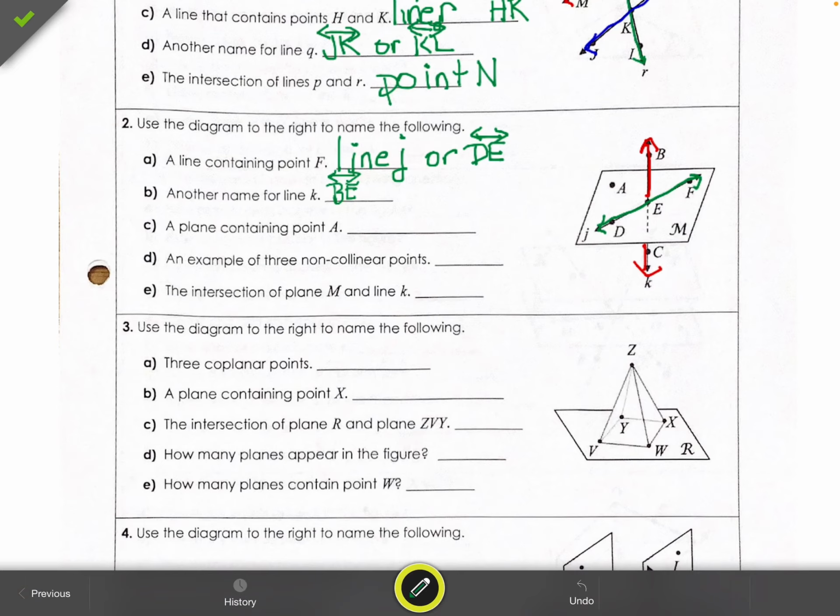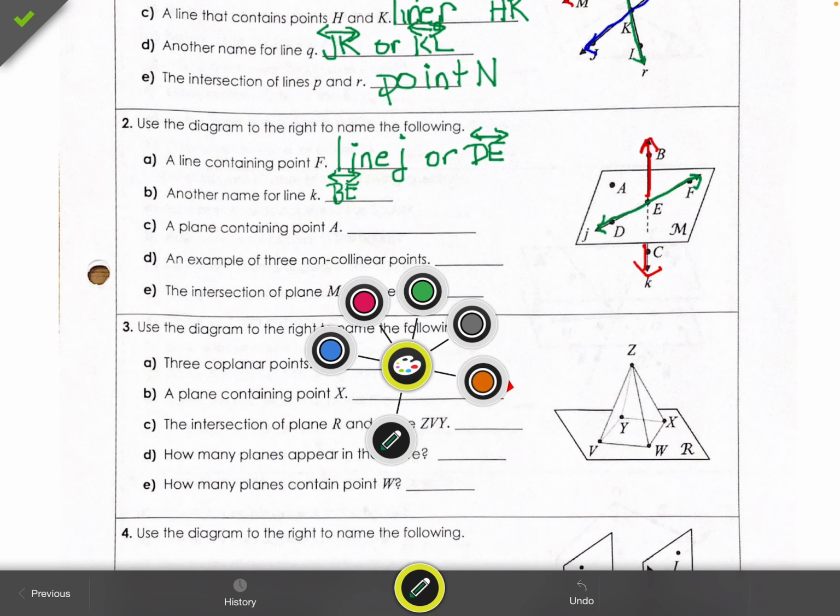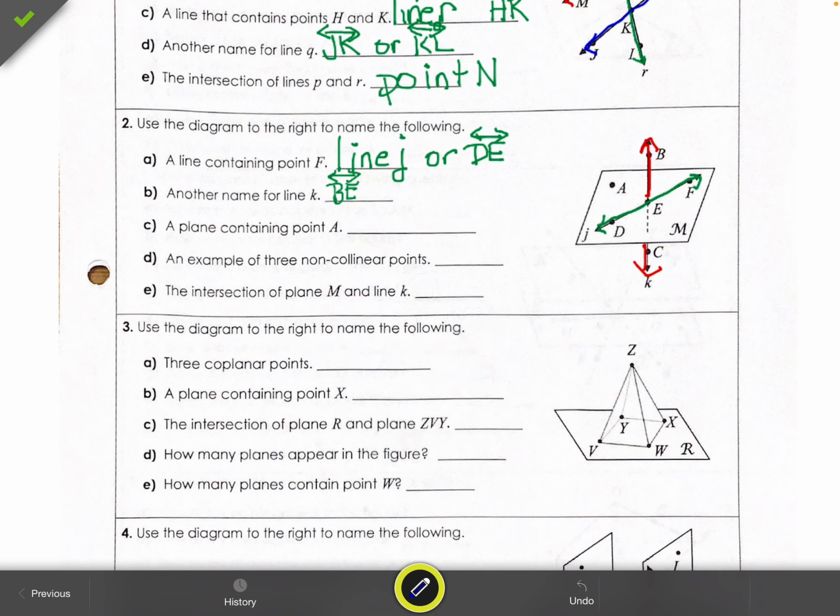A plane containing point A. So now they want us to look at the flat surface, this right here. Okay, and they want us to name the plane, and when they say contains, they mean that it's technically in the box, okay, in that plane box. And sometimes they'll say a plane, a point on.